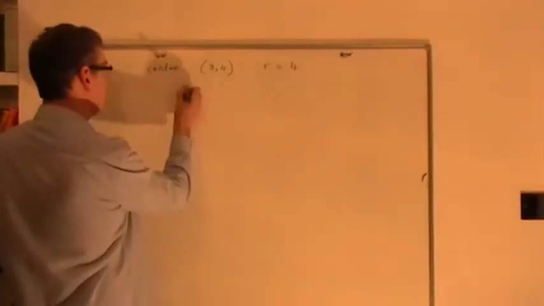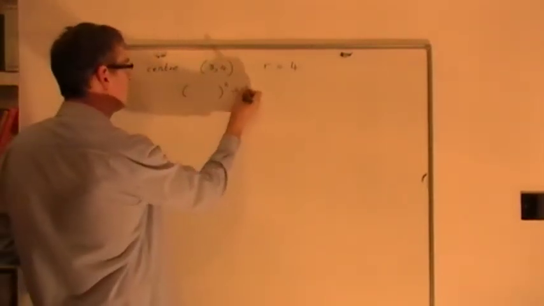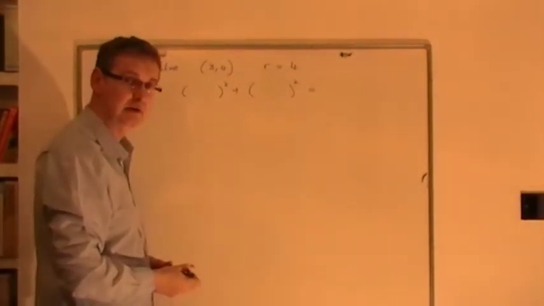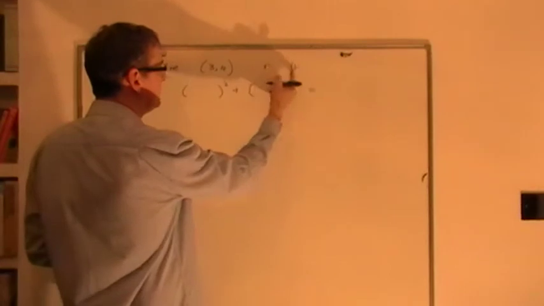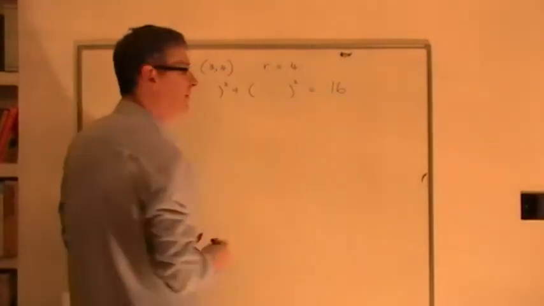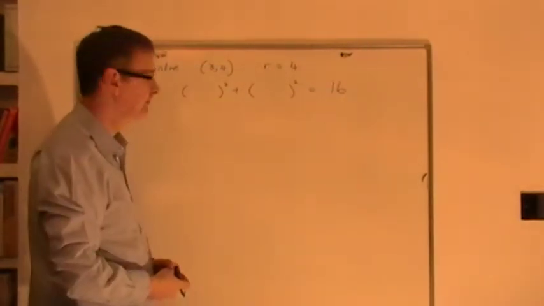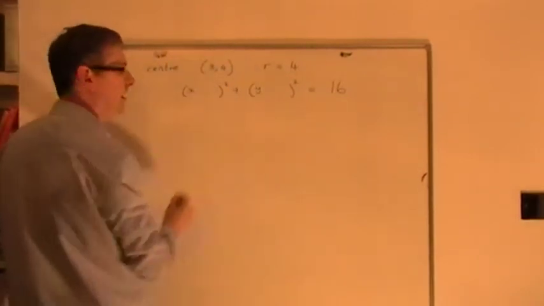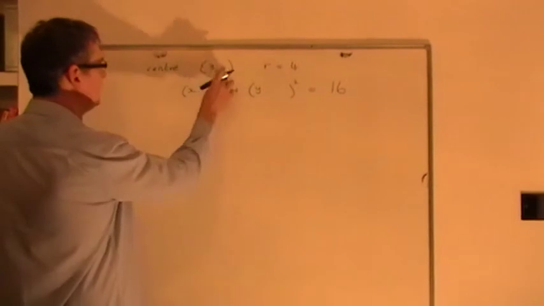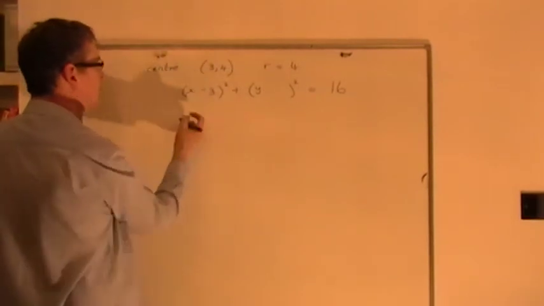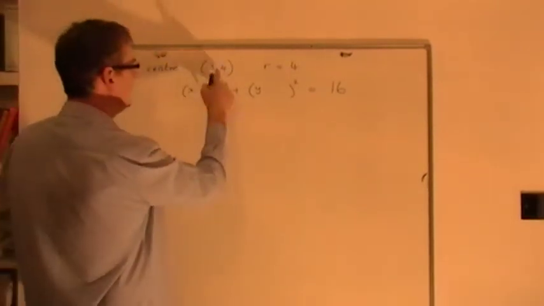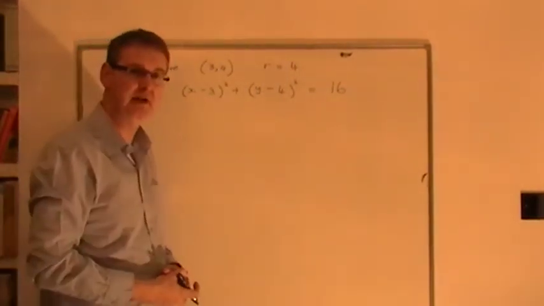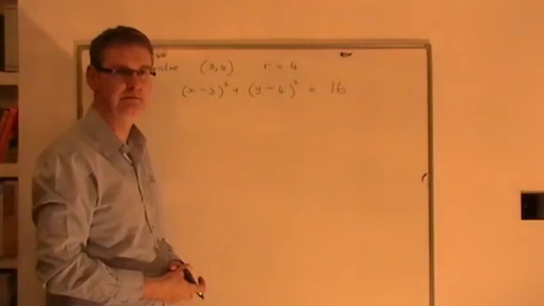The equation of the circle will take the format a bracket squared plus another bracket squared equals the radius squared. If r is equal to 4, then this is simply going to be 4 squared, 16. Inside the bracket I have an x and then I have a y in that one. If these are both positives, you need a minus 3 in the first bracket, and if that's 4, you need a minus 4 in the second bracket. And that's it. That's the equation of the circle.